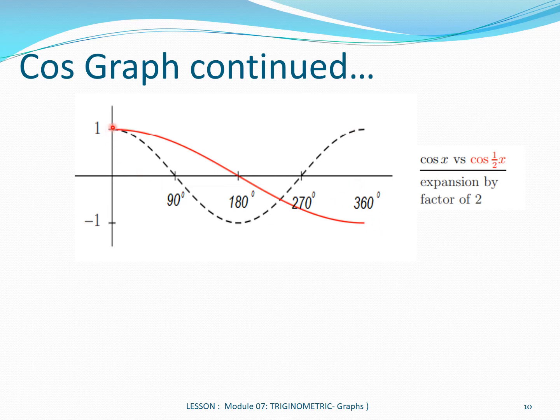So if you look at this, because of its half, within the required period you'll have only half a wave. All right, and we call that expansion factor, which is going to be 2. Now if this would have been 2, it means in this 360 degrees we were going to have 2 waves of cos.